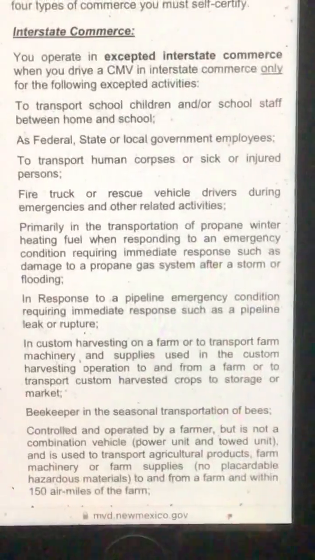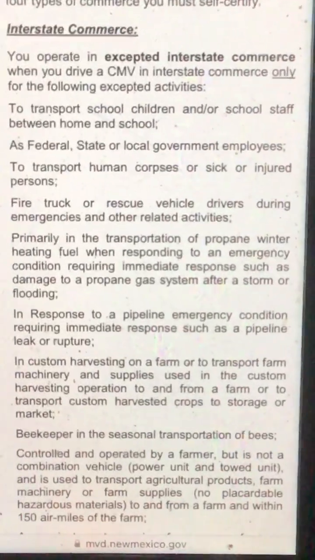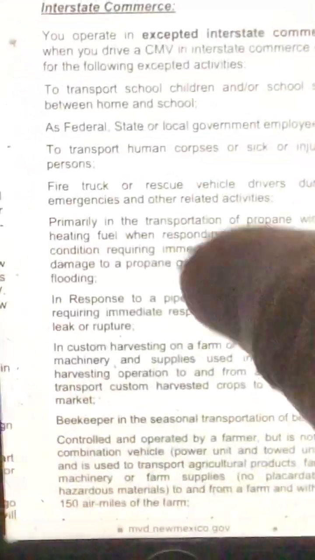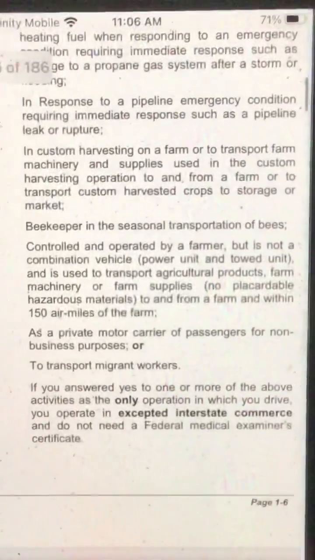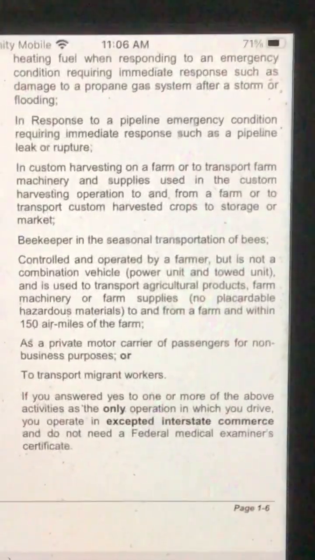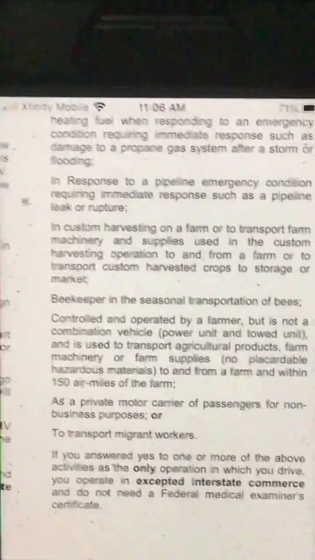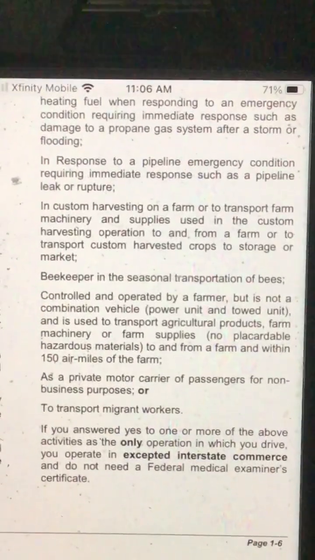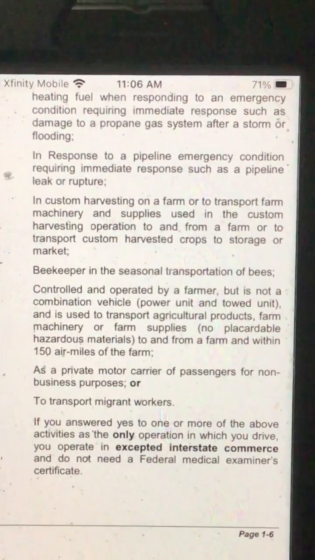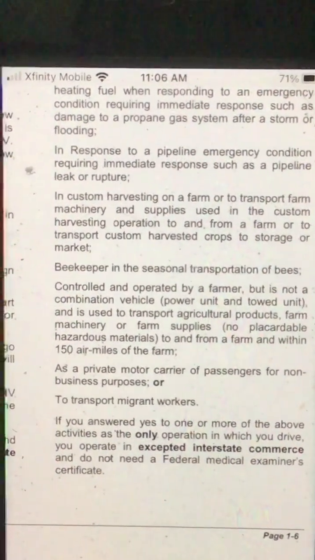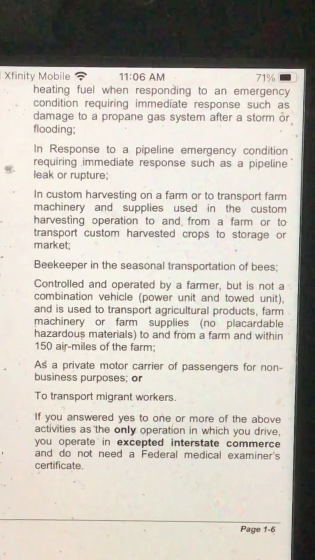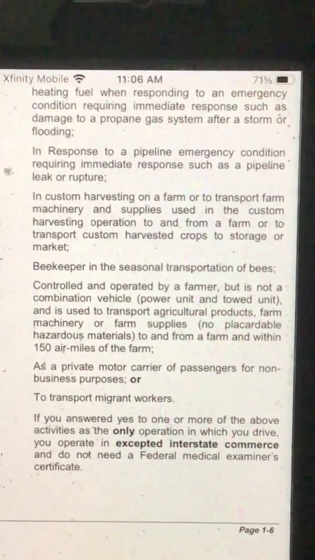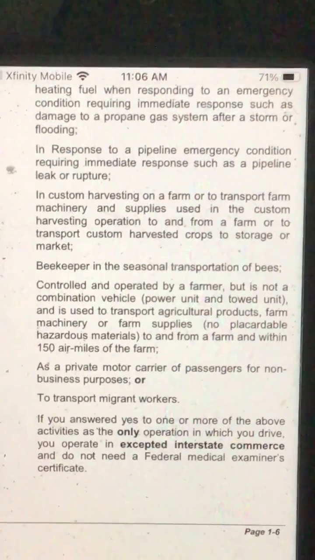Beekeeper in the seasonal transportation of bees, controlled and operated by a farmer, but is not a combination vehicle, which means you have a power unit and towed unit, and is used to transport agricultural products, farm machinery, or farm supplies.